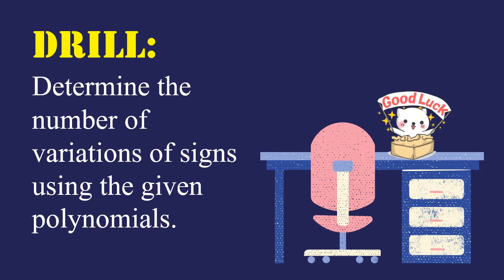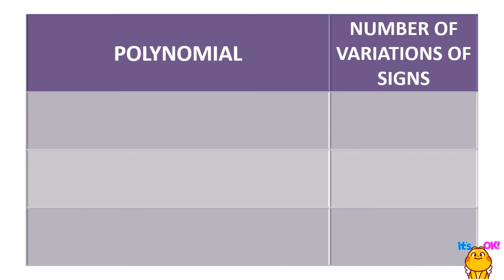For me to be able to check if you were able to understand the concept about the number of variations of signs, let's check. I would like you to identify the number of variations of signs in each polynomial.